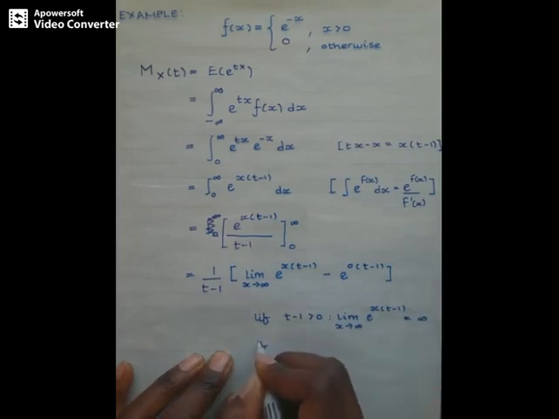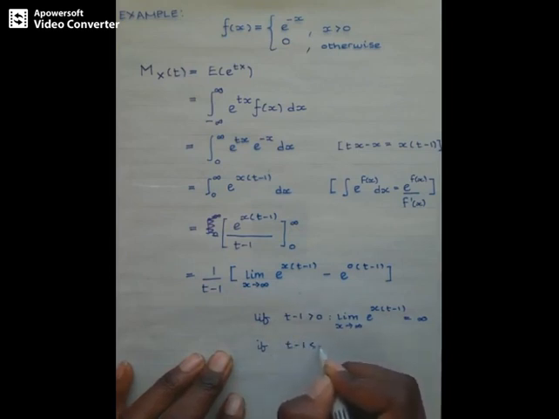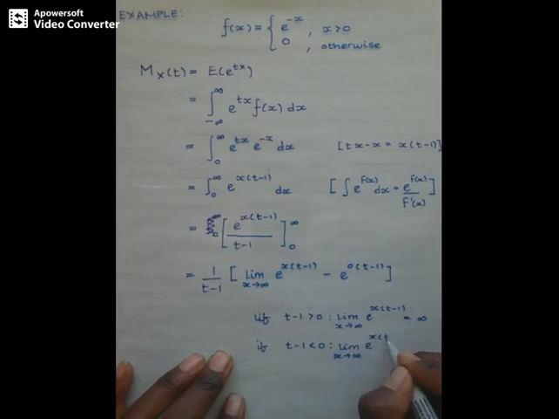On the other hand, if t minus 1 is negative, then that same limit, e to the power of x times t minus 1, goes towards 0. So imagine here you have a huge positive number, and here it's times a negative number.